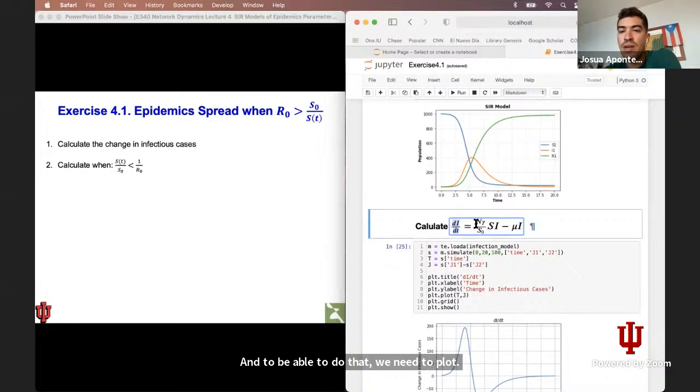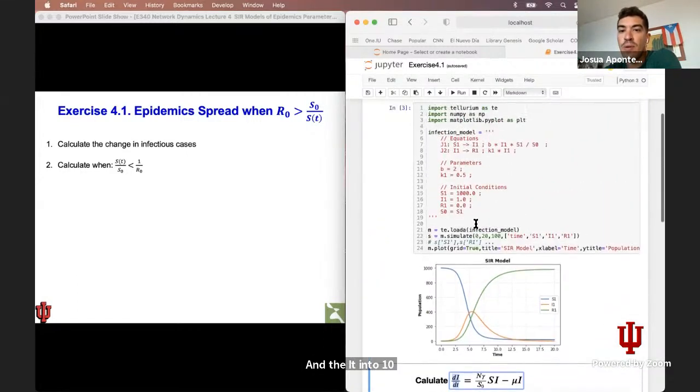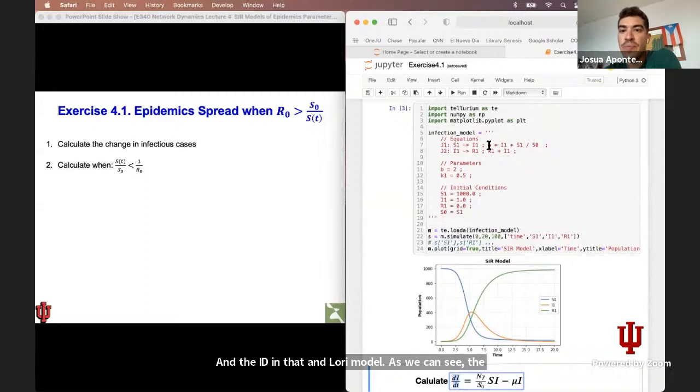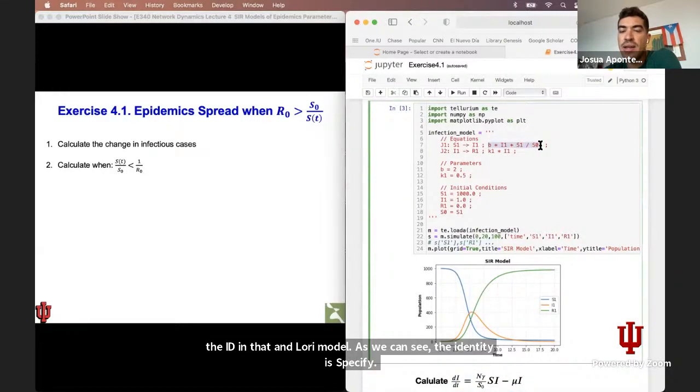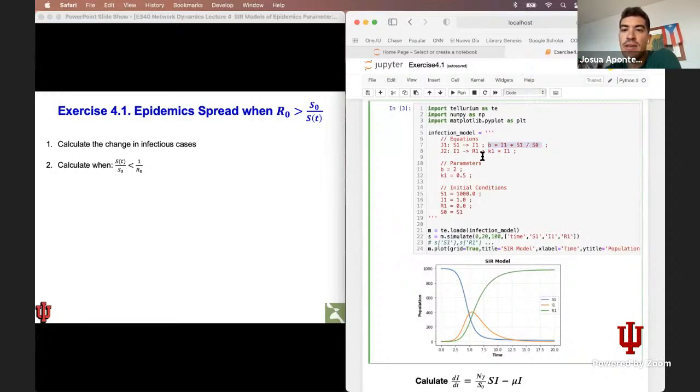And dI/dt in the tellurium model, as we can see, is specified by this term minus the term in line 7 minus the term in line 8.